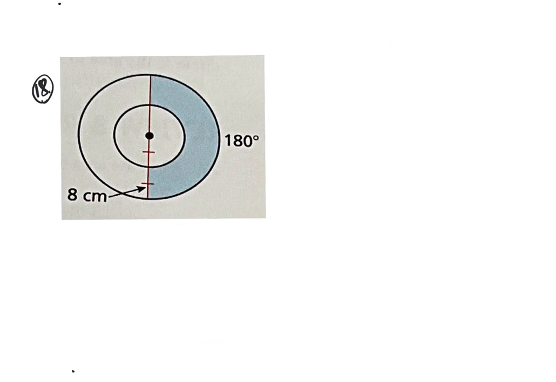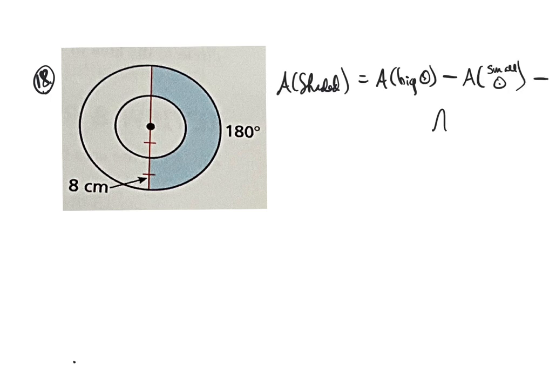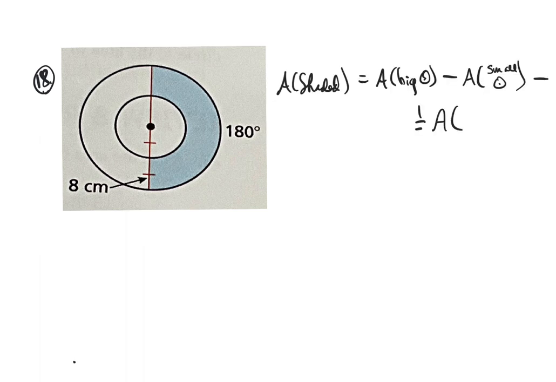Okay, all right, and number 18, same directions, so same idea. We're going to find the area of the shaded region by taking the area of the big circle and then removing the inside circle, so removing the small circle, and then also removing half of the area of the ring.